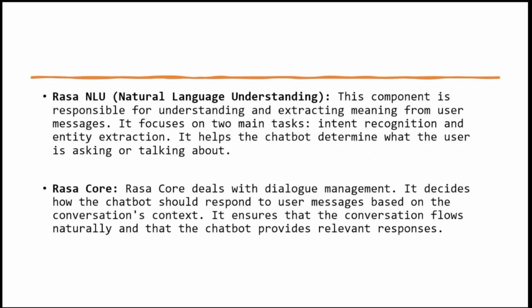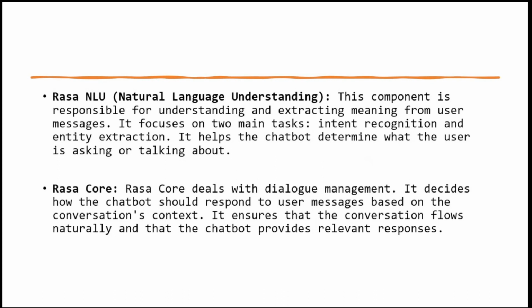You can take an example of a basic conversation of greeting. Suppose a user says, "Hello, who are you?" Then the Rasa NLU is responsible to understand that the user is saying hello and he is asking, "Who are you?" That task is of Rasa NLU to understand what the user is saying.